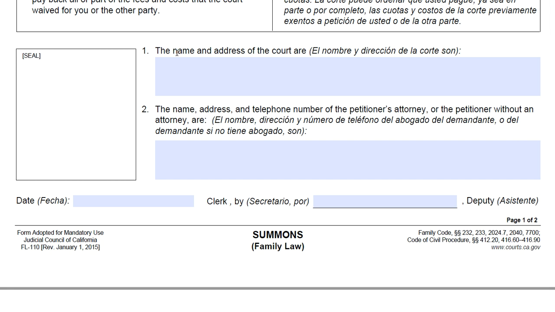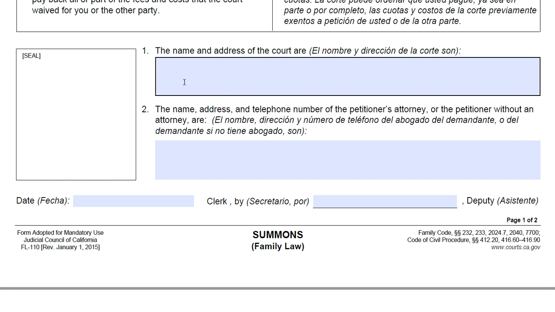Some of the bigger cities give their family law courthouses names after important people. Some just call them family law. Either way, do a little internet search to make sure that you are filing in the right court.